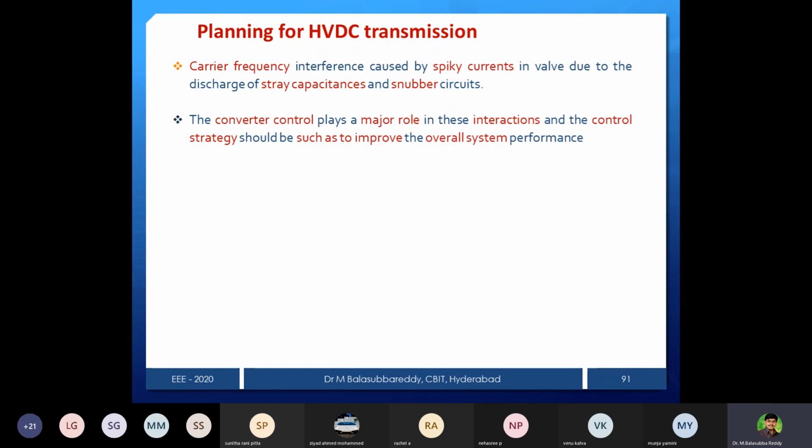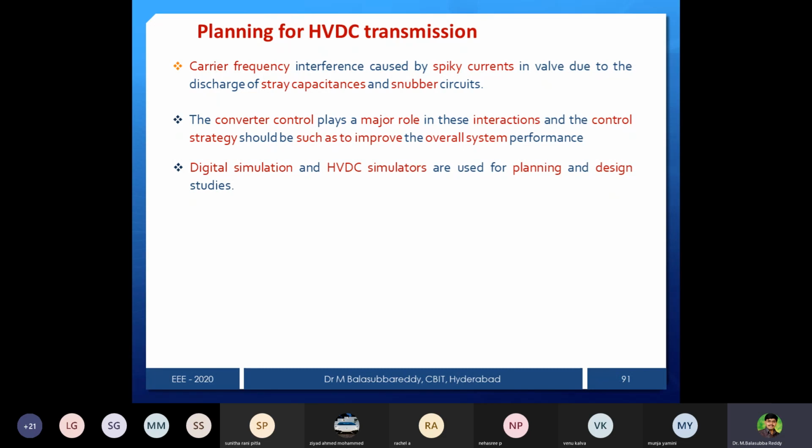The converter control plays a major role in the interactions, and the control strategy should be such as to improve the overall system performance. So to improve the system performance, we have to use a converter control strategy. Digital simulation and HVDC simulators are used for planning and design studies. Normally, if we want to install anything, even normal AC substations, forecasting is required for load studies and so on.